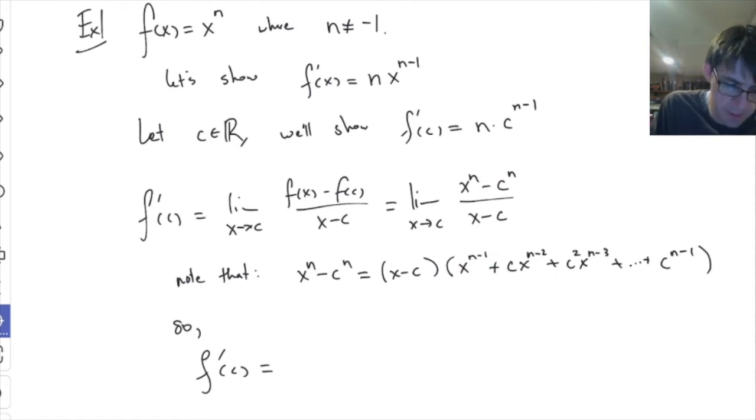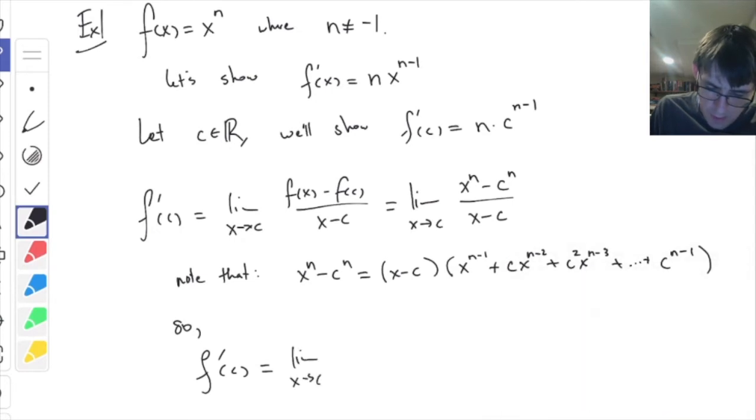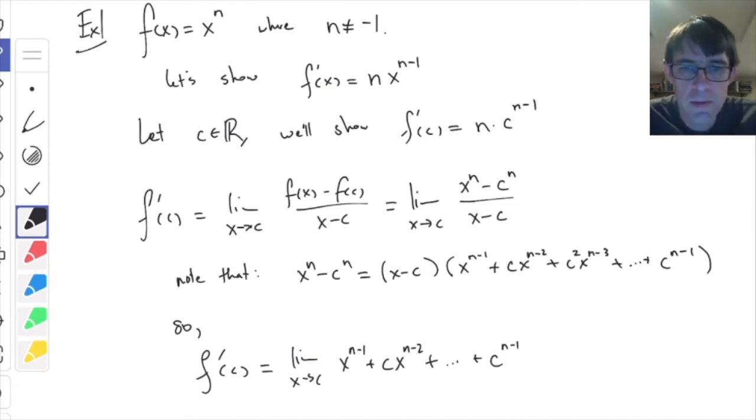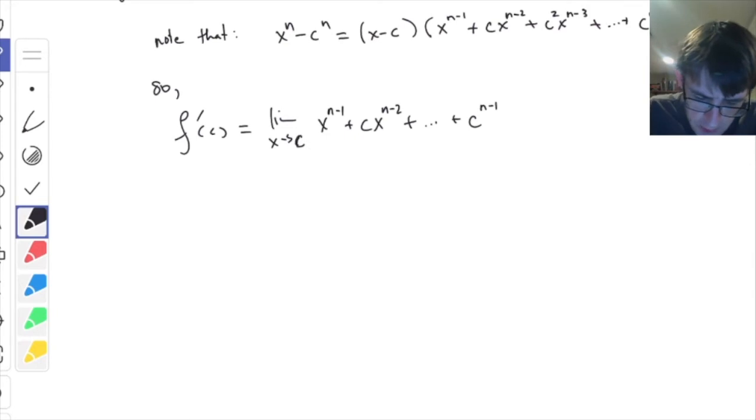So f prime of c equals the limit as x goes to c of that other stuff, x to the n minus 1 plus c x to the n minus 2 plus blah, blah, blah, plus c to the n minus 1. Can we do anything with this limit? We're getting somewhere, I guess. Any suggestions here?